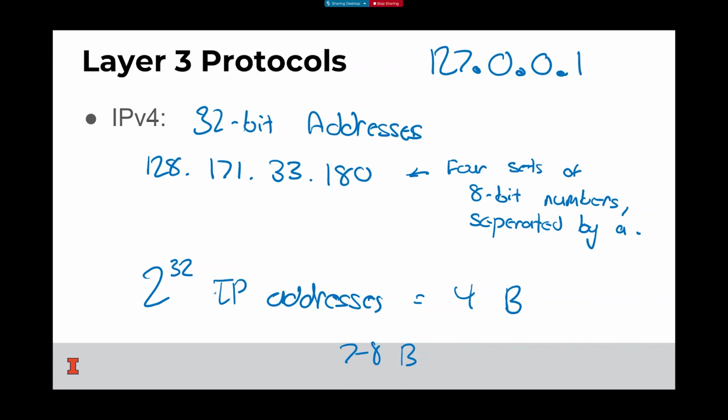That IP address has a name, and that name is localhost. Every single computer, by specification, refers to itself at the address 127.0.0.1, which also has the name localhost.